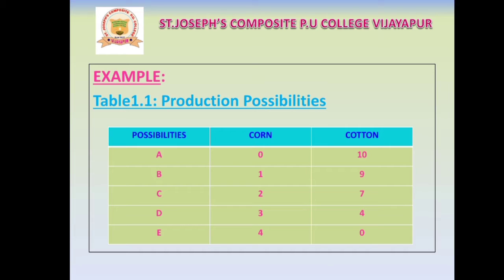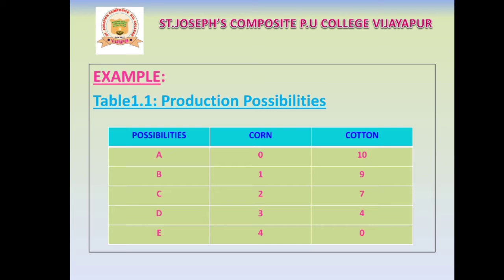The possibilities, or combinations, are A, B, C, D and E. Two commodities are used, corn and cotton. The production of corn is 0, 1, 2, 3, 4, and the production of cotton is 10, 9, 7, 4 and 0.